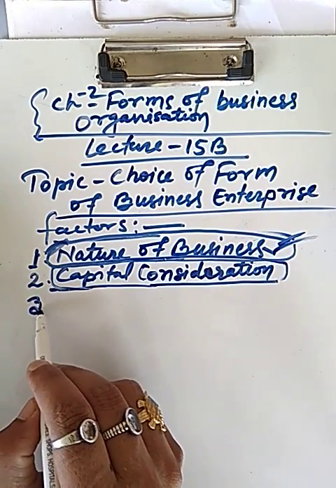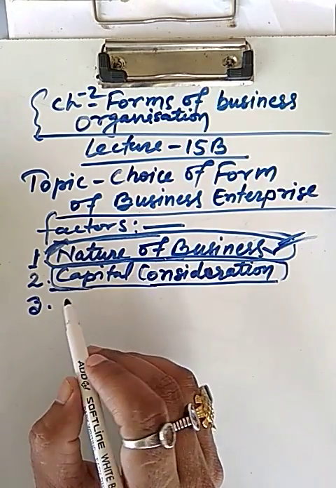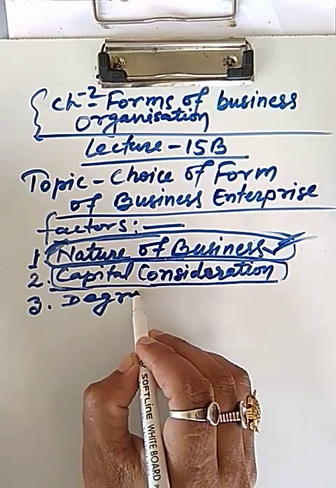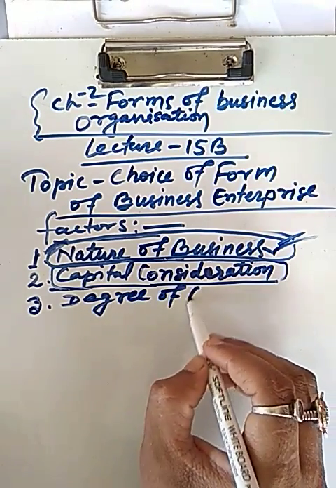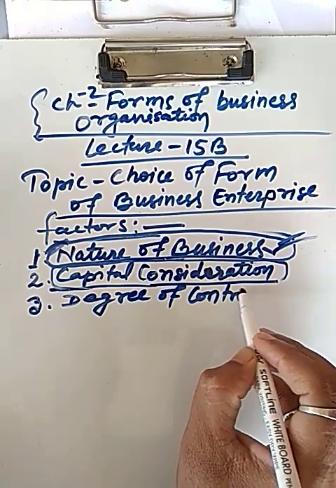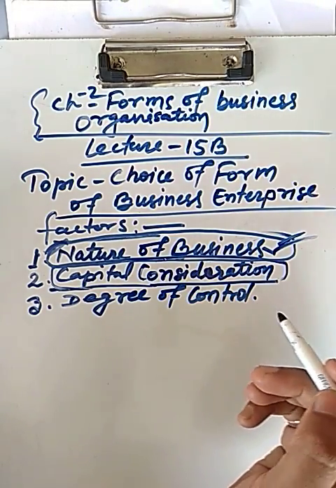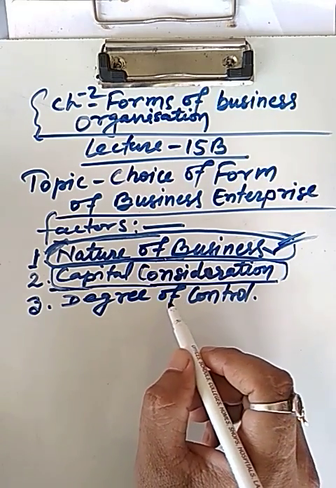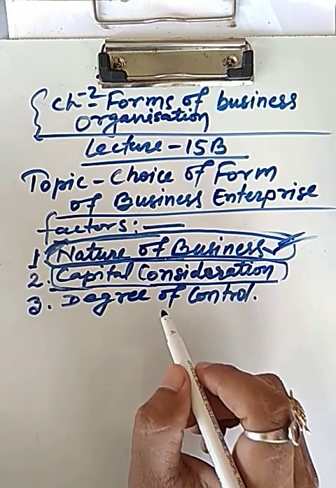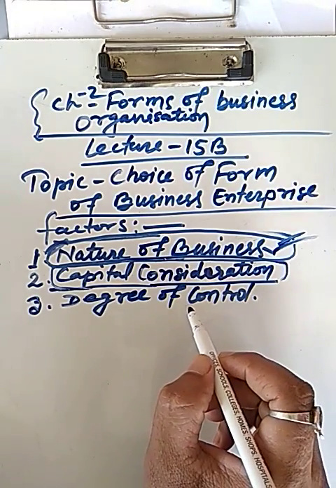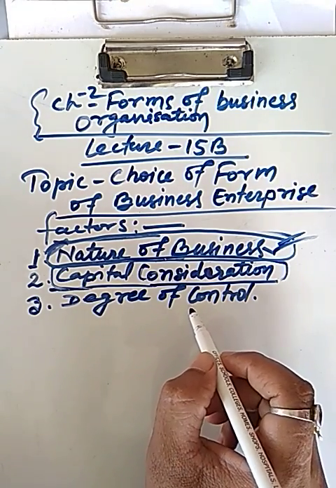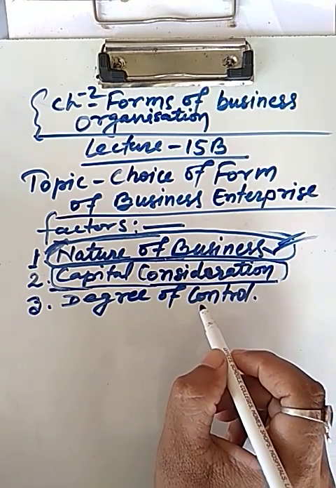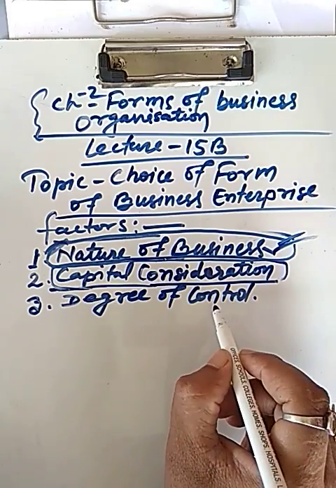Third point is degree of control. If the businessman desires complete and independent control over the business, then he has to prefer sole proprietorship firm.